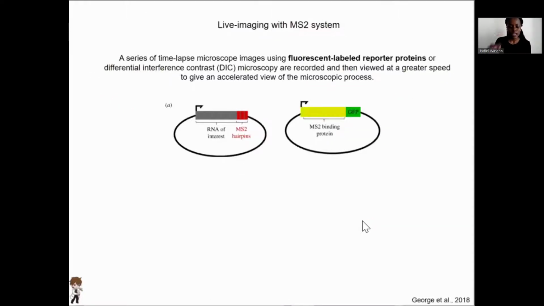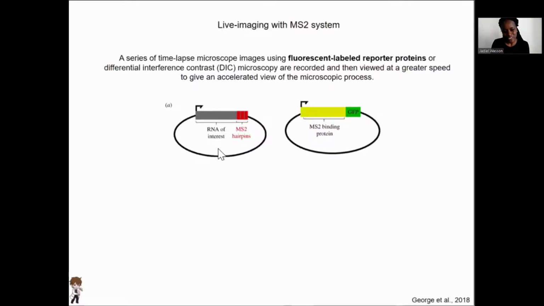Another way to look at transcriptional bursting is with this live imaging system known as MS2. So the way MS2 works is that you utilize this MS2 binding protein, which is tagged with GFP, and you express your RNA of interest where it has at its end MS2 hairpins.